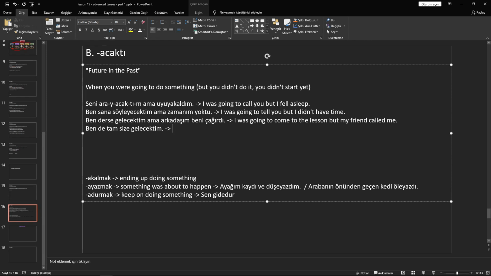But ben size gelecektim sounds like you saw them in your house, like they showed up at your door. They came to your door, you open the door, and they are in front of you, and you're like, oh, ben size gelecektim. I was planning to do it, but I didn't even leave my house.